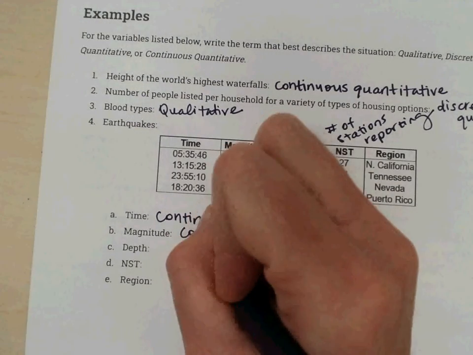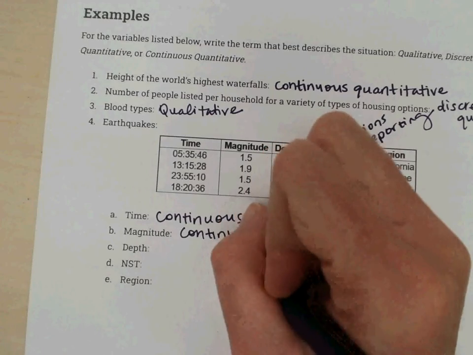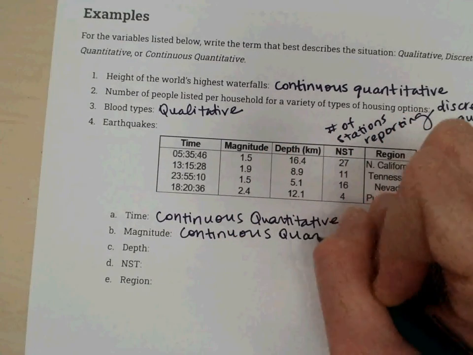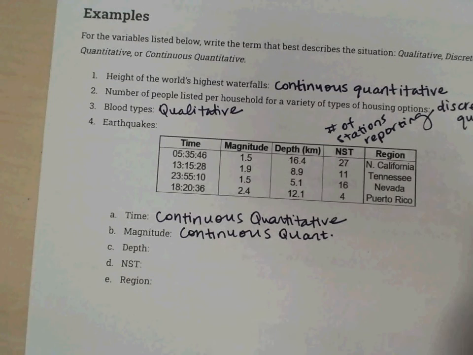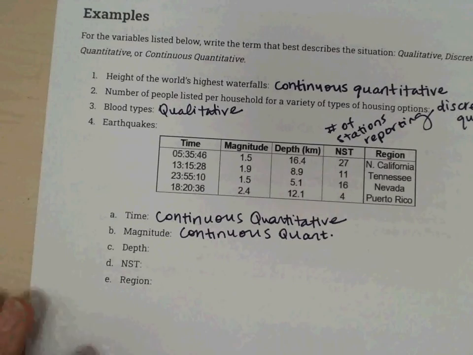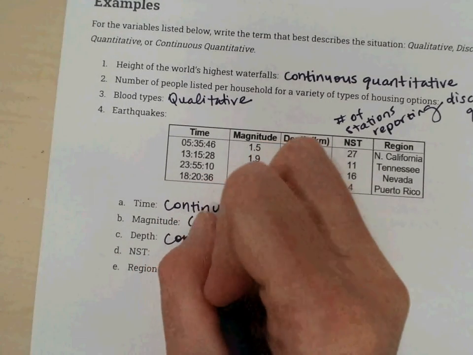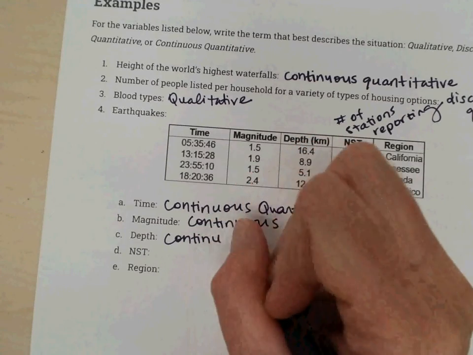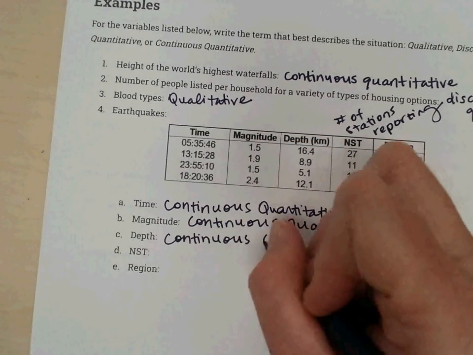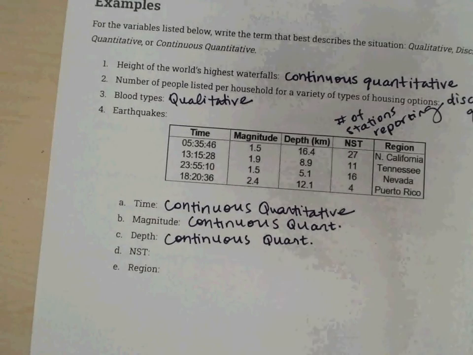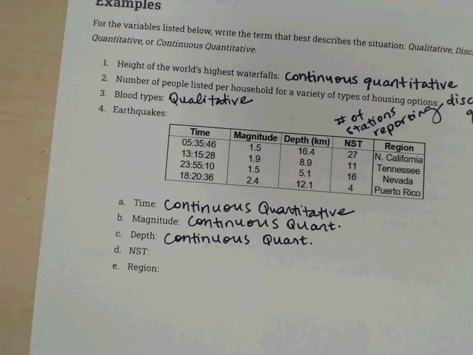I put continuous quantitative. It is continuous once again. Depth, okay? Oh, that's okay. Alexa? Continuous. Why'd you put continuous? It's a measure of something, right?